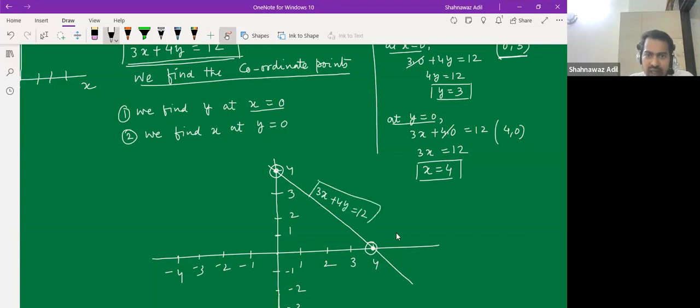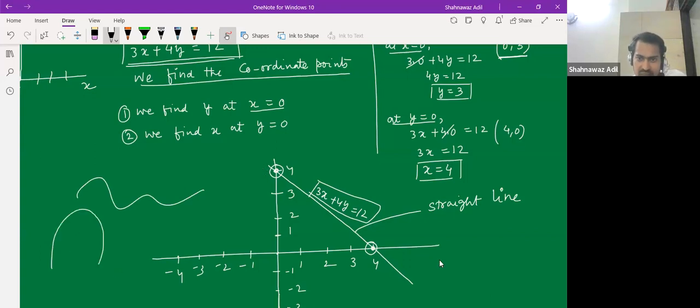So we can see that the graph of this linear equation in two variables is what? It's a straight line, right? Straight line. So this is not something curved like this or like this.